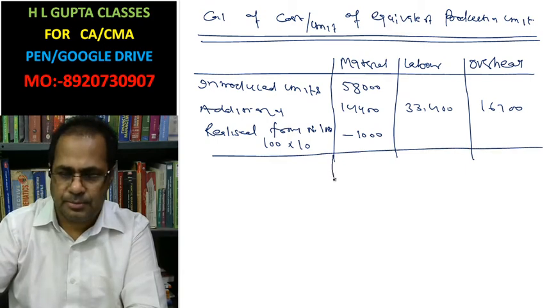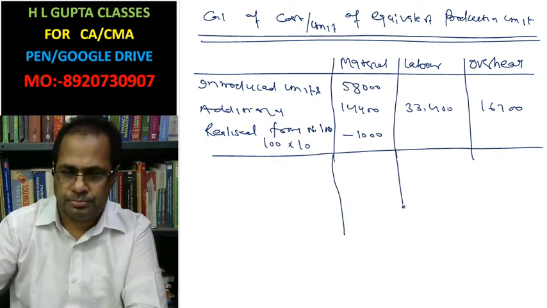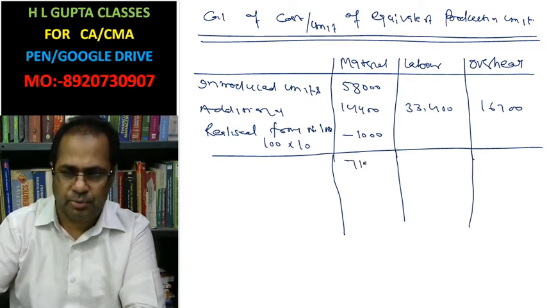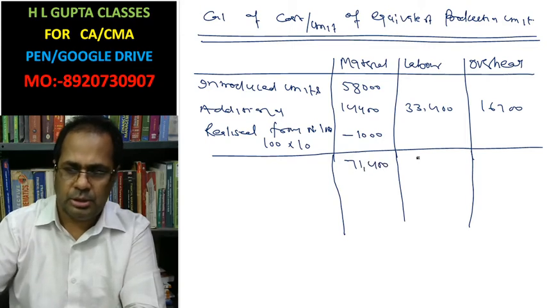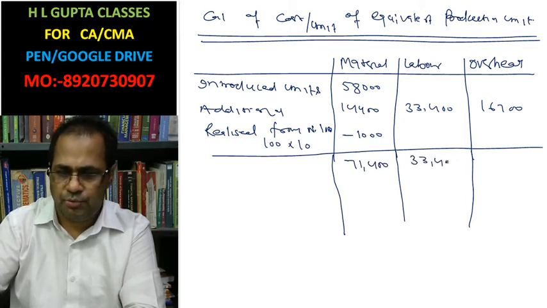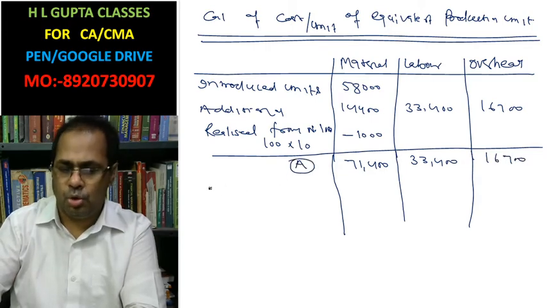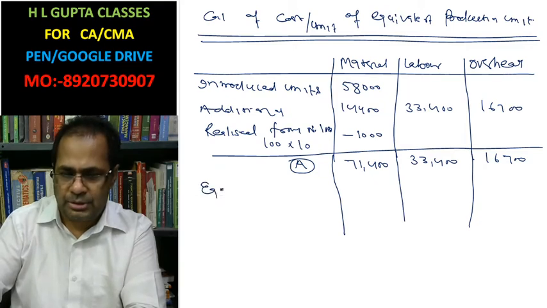In this case, what will be the cost? 71,400. This is 33,400. This is 16,700. This is assumed to be A. Okay.